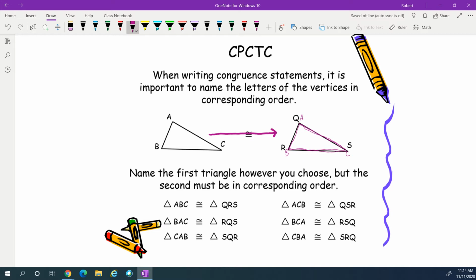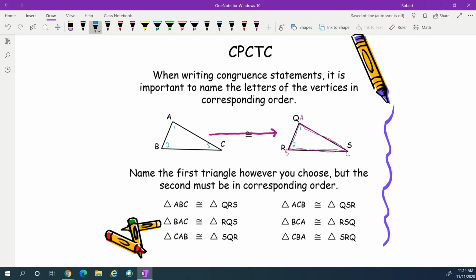So I'm going to use our numbers again. I'm going to say A is 1, B is 2, and C is the third corner. Those are our 3 vertices. And I'm going to match that in the second one. Since A lines up with Q, I'm going to call that corner 1. B lines up with R. I'm going to call that corner 2.